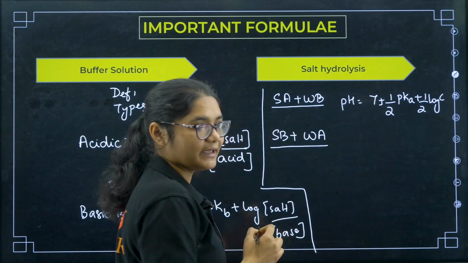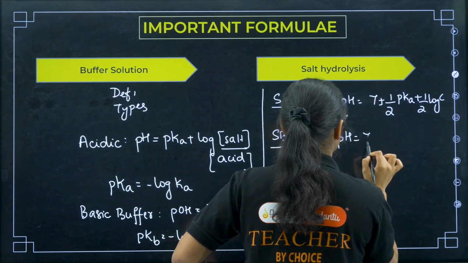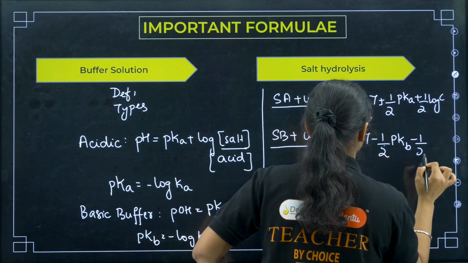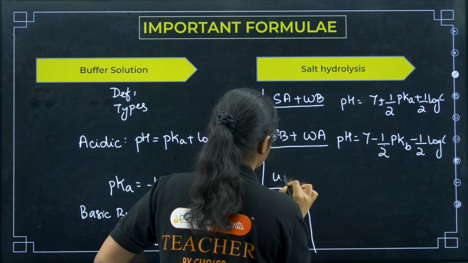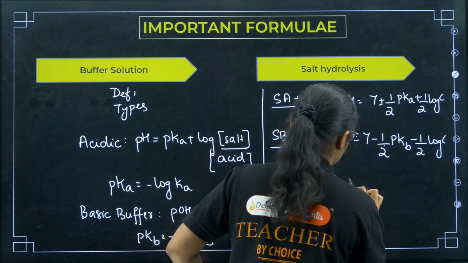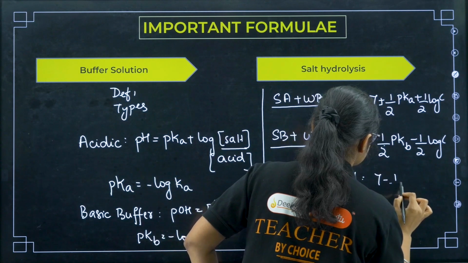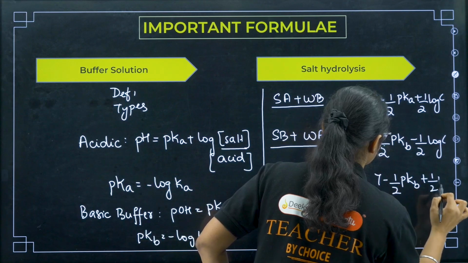For this one, pH = 7 + ½ pKa + ½ log C. Next, if I have weak acid plus weak base, here the formula is pH = 7 + ½ pKa - ½ pKb.